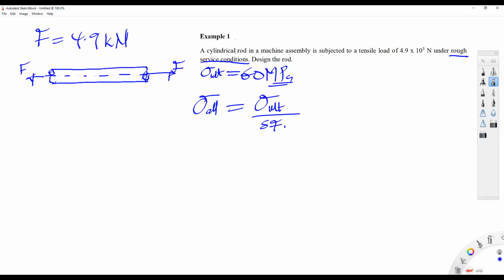So we have picked a value for the ultimate stress. So the allowable stress will now be equal to 60 divided by 4, assuming we take our SF to be equal to 4.0. And this will give us what? What will be the answer?